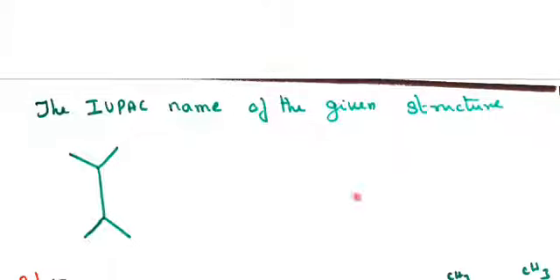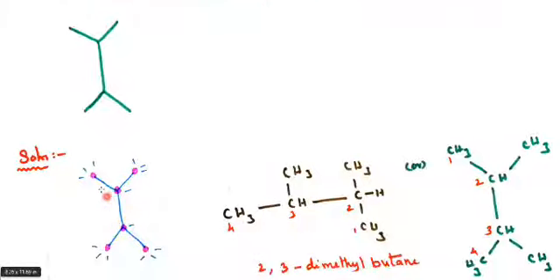Let us see the next example: the IUPAC name for the given structure. Here there are 1, 2, 3, 4, 5, 6 carbons; you should mark them.